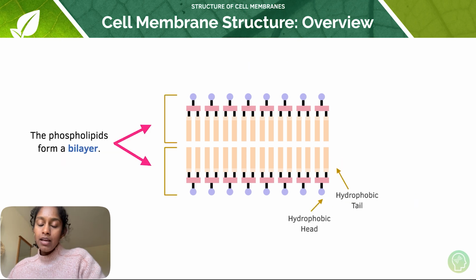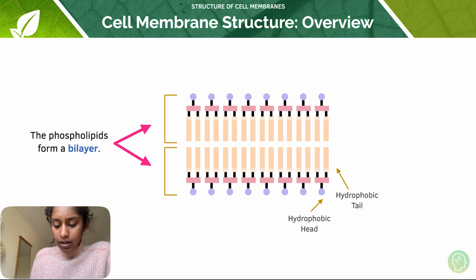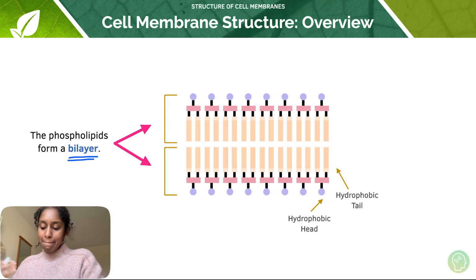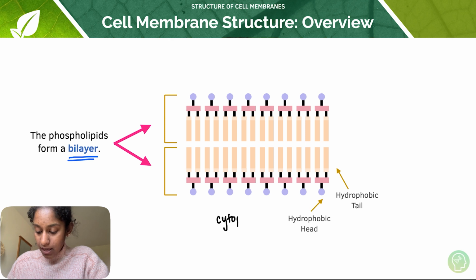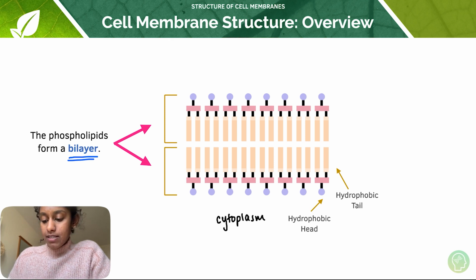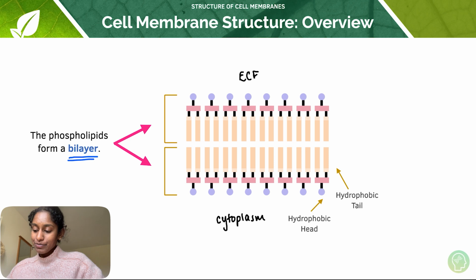Now, the phospholipids form a bilayer, so this is a really important word that you need to commit to memory. It's a phospholipid bilayer, that's what we call our cell membrane. And as I said, hydrophobic tails on the inside, hydrophilic heads facing out on the outside. And remember I said that this is the cytoplasm here, and this is the extracellular fluid.